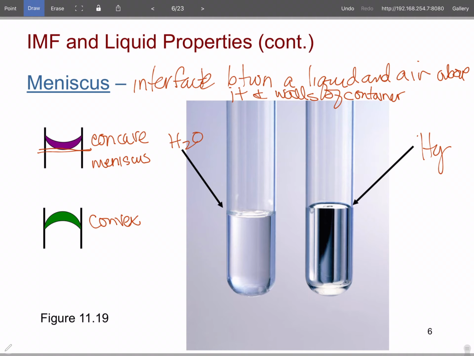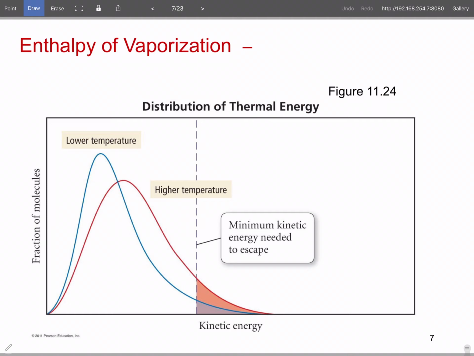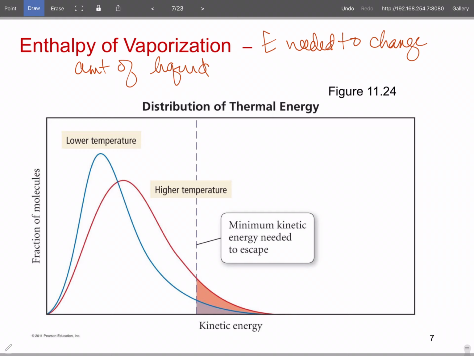Now, another thing that comes into play is the enthalpy of vaporization, and this is the energy needed to change a set amount of liquid to a gas, aka a vapor. So it's vaporization. And you remember seeing a curve similar to this, where this is the lower temperature in blue, and the higher temperature.